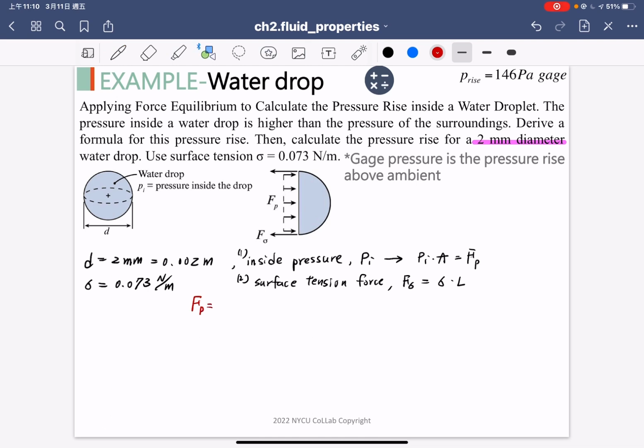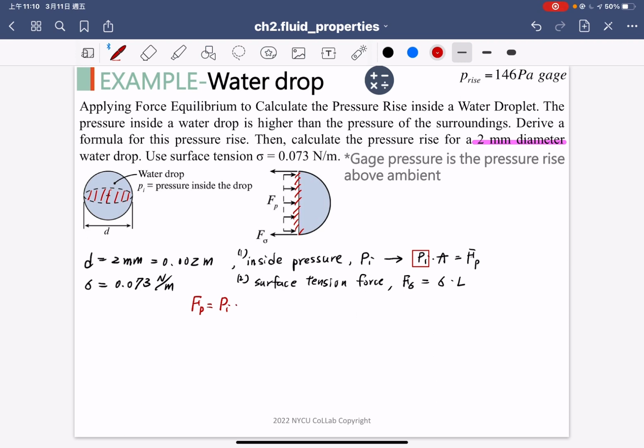And the question here, we would like to know the PI, how large the PI is. PI is the inner pressure. So we have FP equal to PI times the area working here. If we see the top view, the area is here. So we need to compute the circle area.